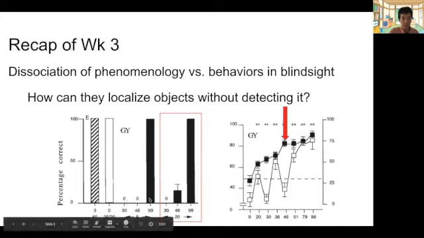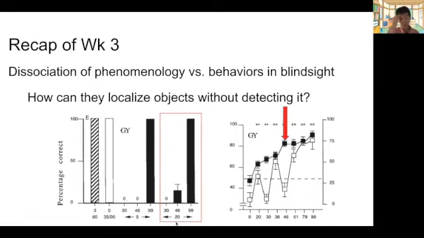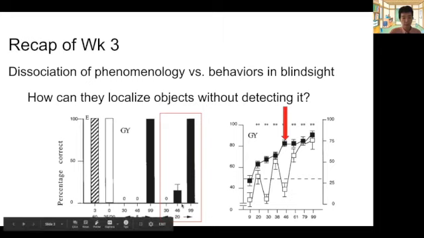And then these two sets of bars here are two different experimental situations where experimenters change the frequency of the stimuli. But even though the stimulus presented in the blind hemifield was quite frequent, 20%, the high contrast stimulus, such as 30% or 46%, was almost always not detected and reported as absent here.